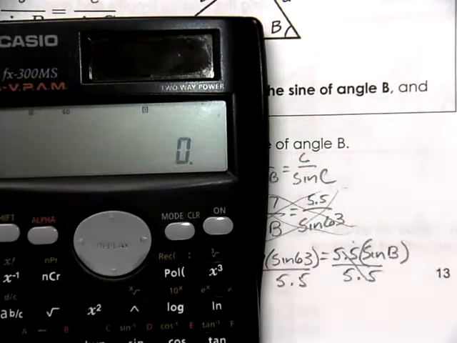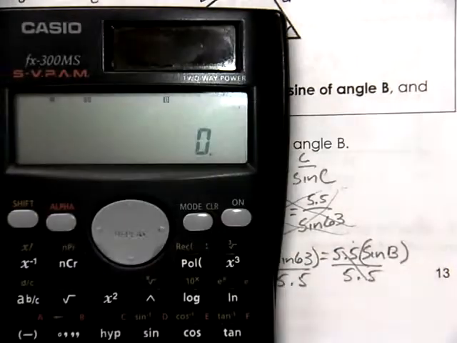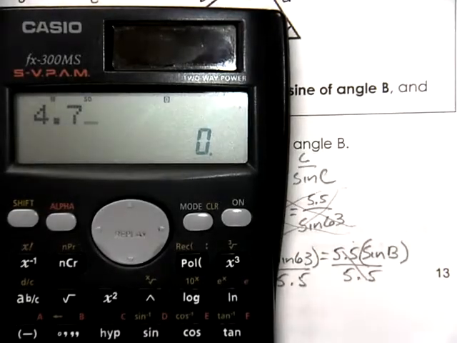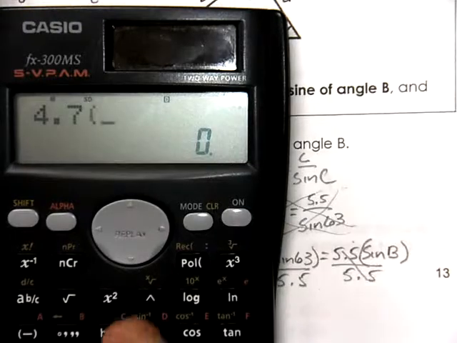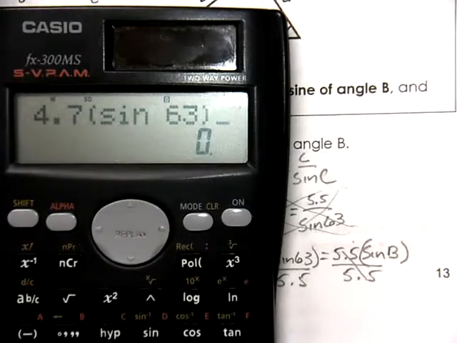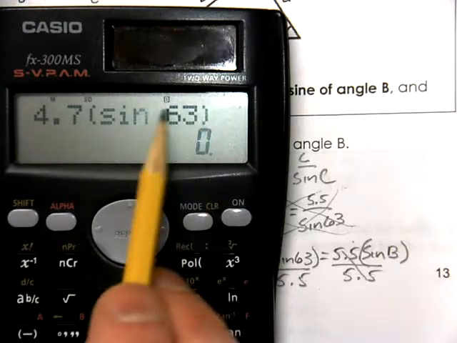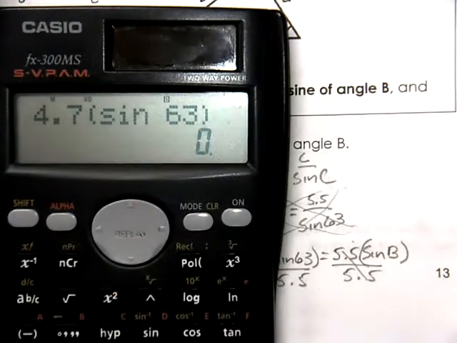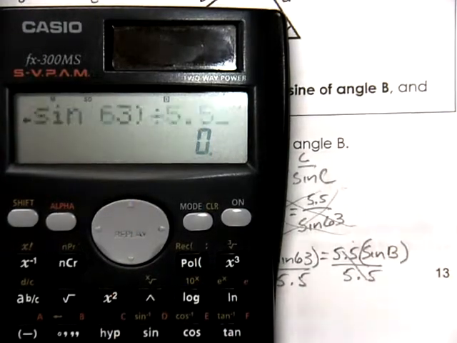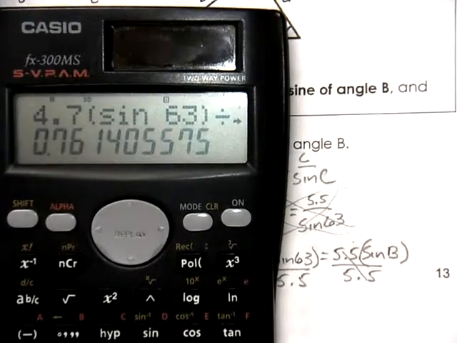So using our graphing calculator, we'll take 4.7 times the sine of 63. Be sure to use parentheses around your angle value to close that off, so when you divide by 5.5, that'll come out okay.